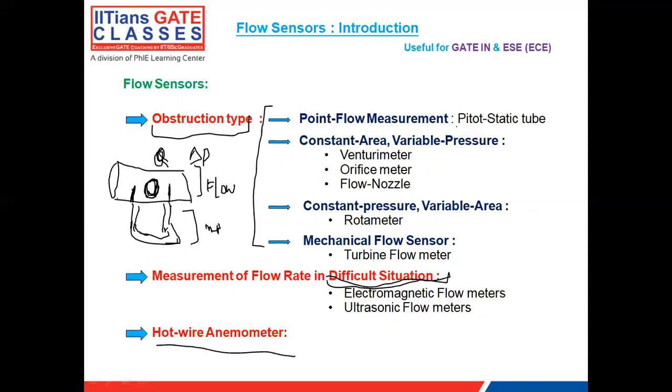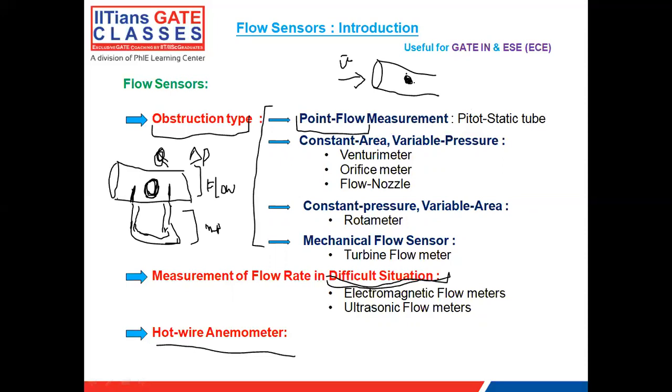Let us see what a Pitot static tube is. This is used for point flow measurement. Why is it point flow? I'm taking a similar pipe, and I want to measure the velocity of the flowing fluid at this particular point. So we can place a Pitot static tube.